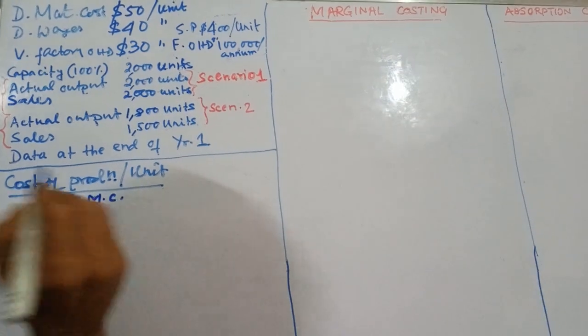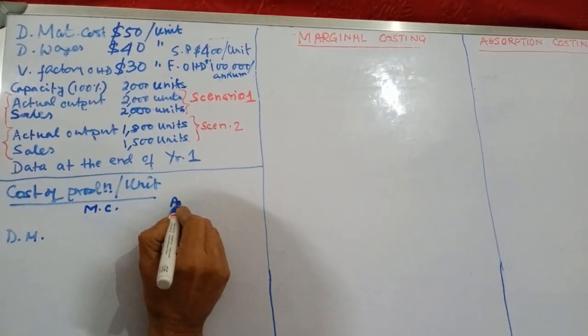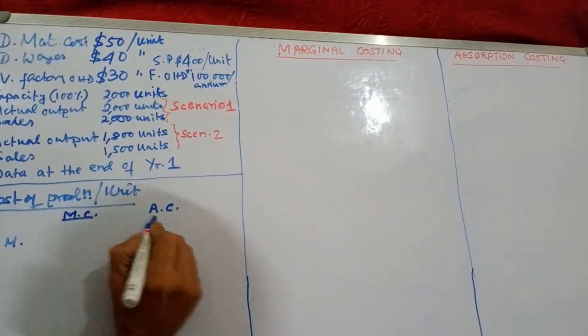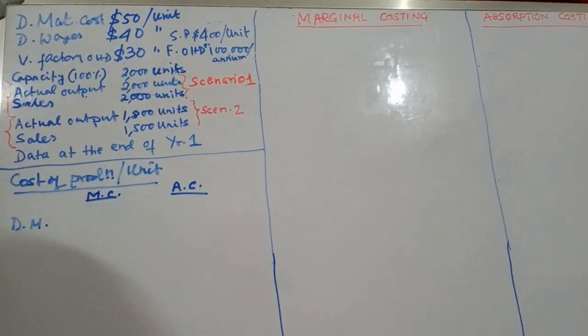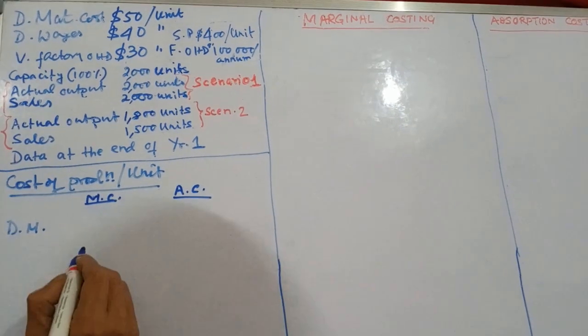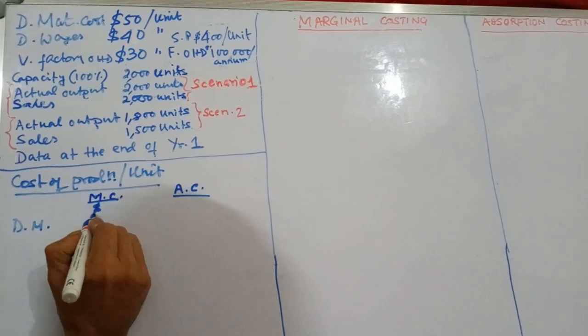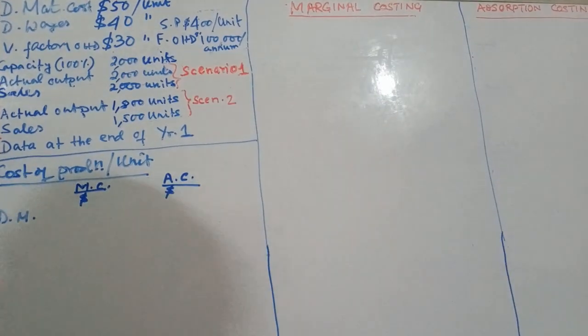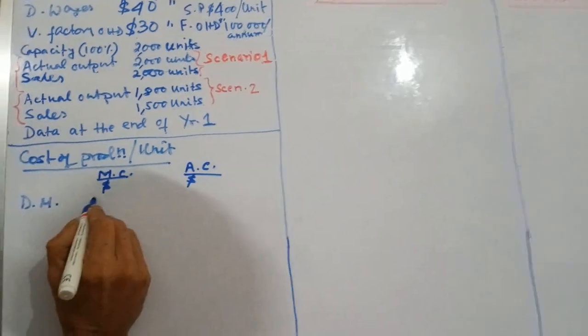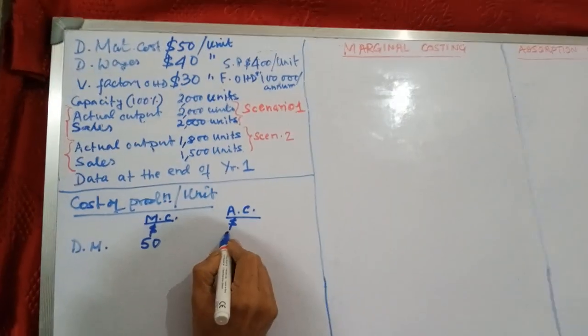I am writing MC for marginal costing and AC for absorption costing. Direct material, currency is dollar, 50, here also 50.